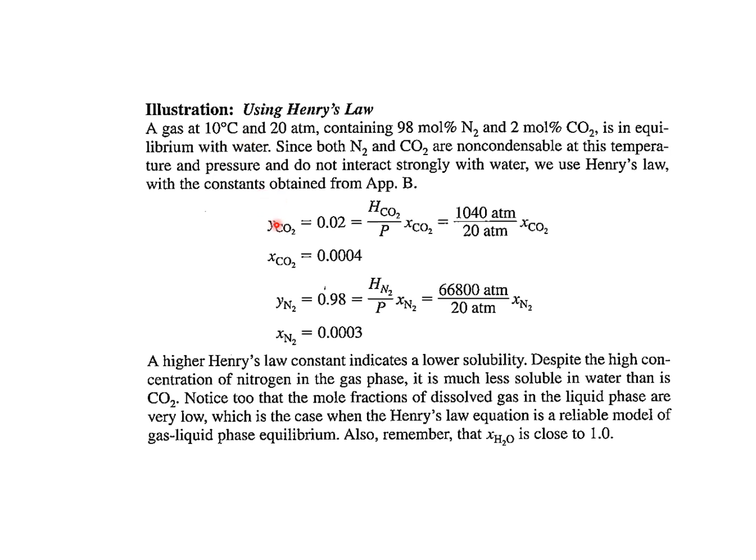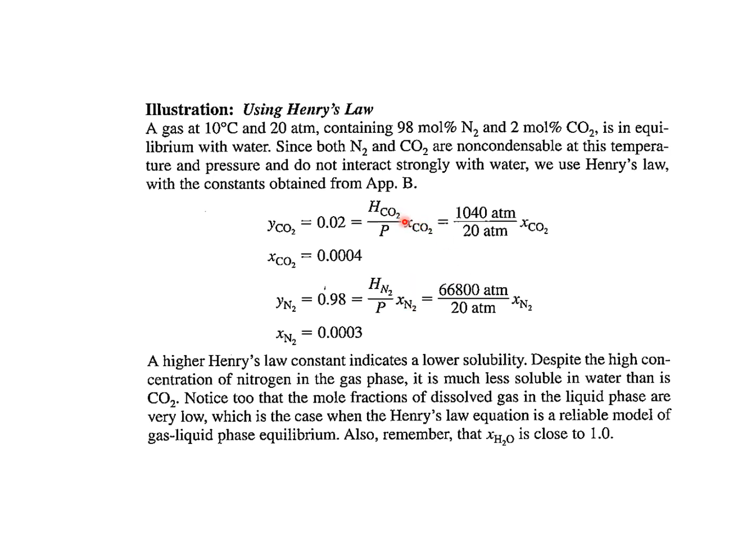So y_CO2 and y_N2 were given to you: 0.02 for CO2 and 98% for nitrogen. And if you know the value of the Henry's constant, then you could get the composition of CO2 and N2 in the liquid phase. I mean the amount of the gas dissolved in liquid, or water in this case.